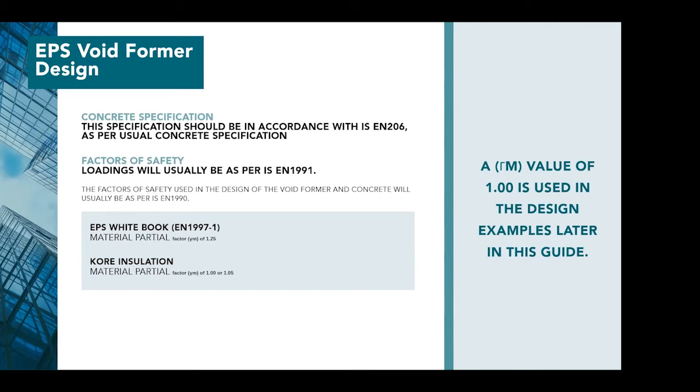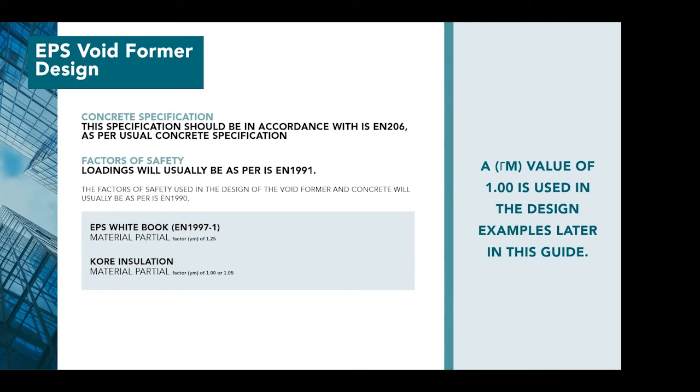We also look at the EPS white book, which suggests a material partial factor of 1.25. However, since EPS is manufactured in a controlled environment under EN 13163, it's a more predictable material than soil.